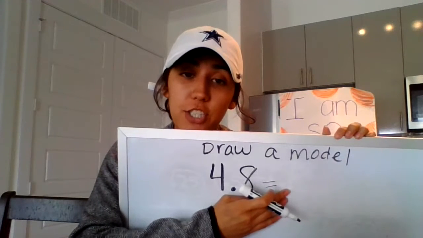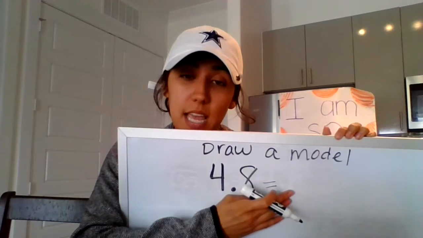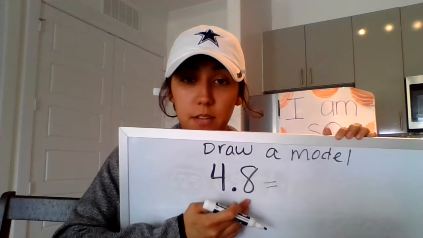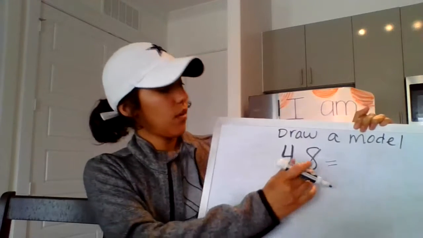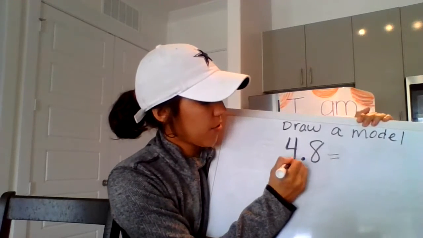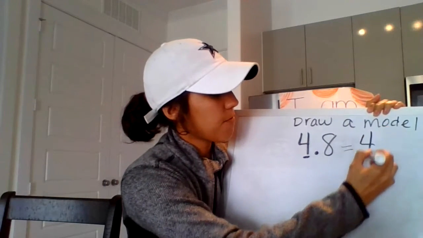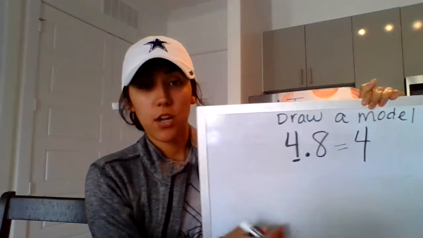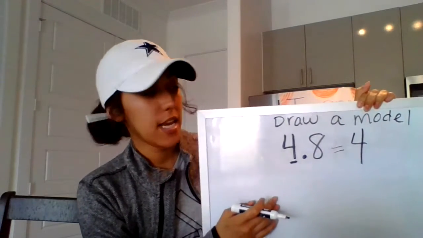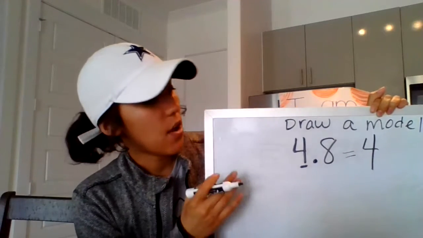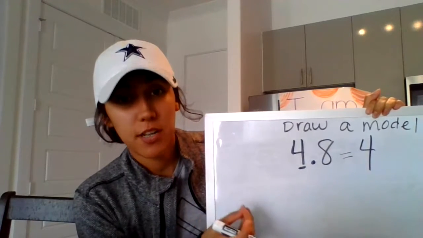So our fraction, when we read it, needs to sound the same as 4 and 8/10. So I know the 4 is in the ones place, so that's a whole. So I'm going to draw my big 4, and then my fraction is going to go right next to it. We're going to be creating a mixed number. A mixed number is a whole number and a fraction combined.